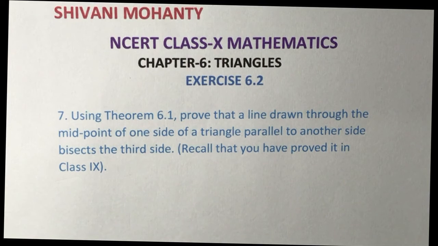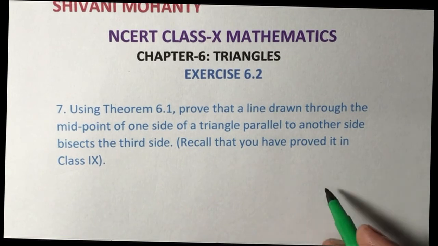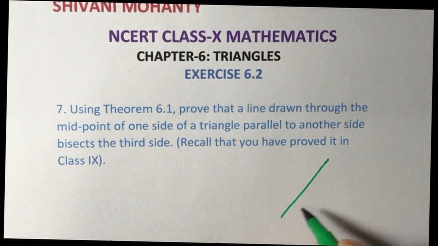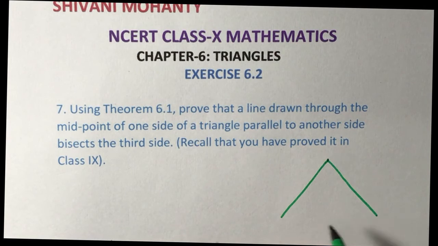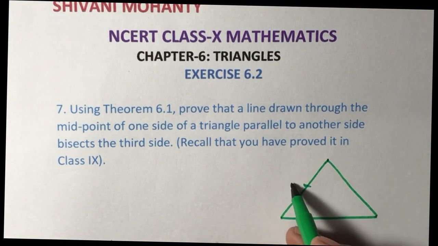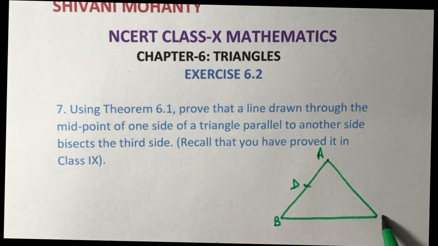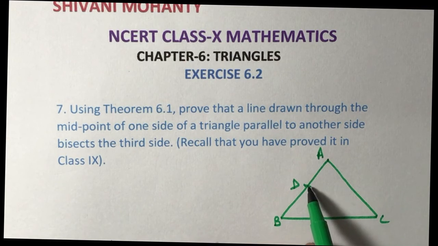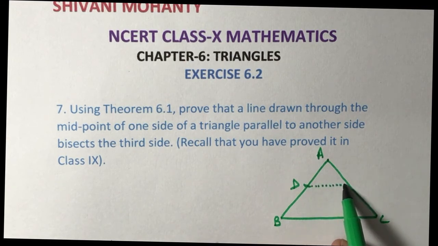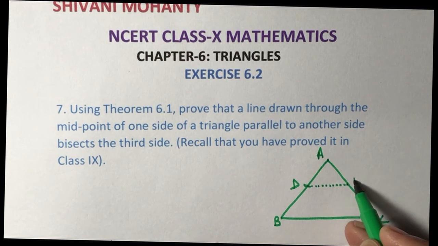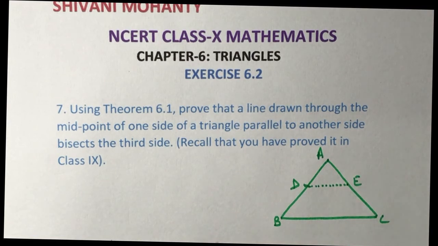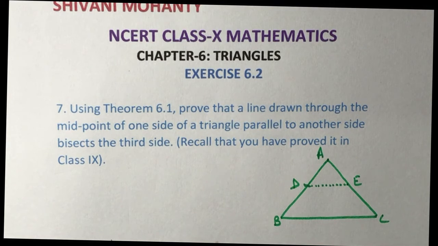There is no diagram given, so let me first draw the diagram. Let ABC be the triangle and D is the midpoint of AB. You will draw a line parallel to BC and let it intersect AC at E.